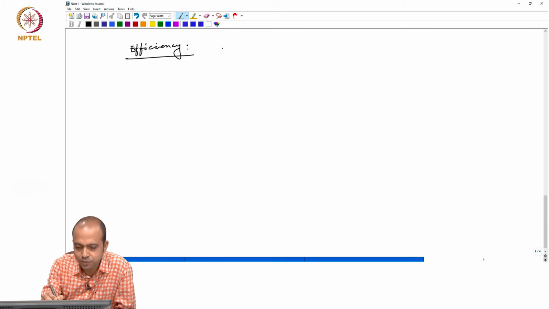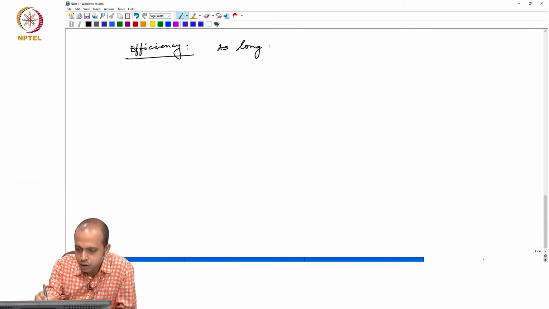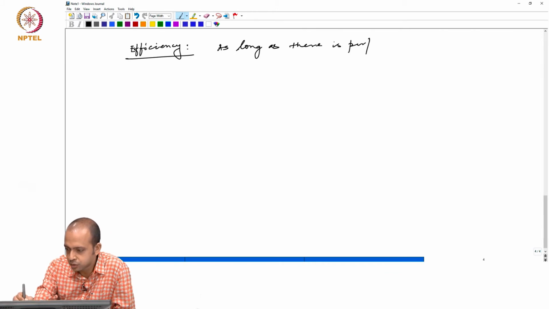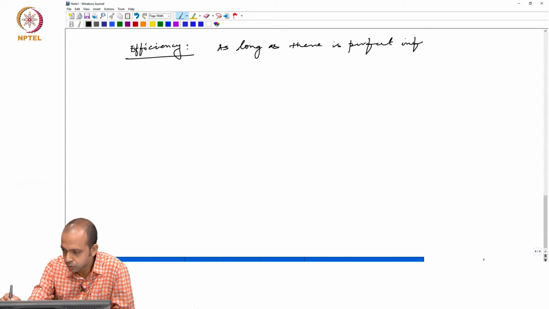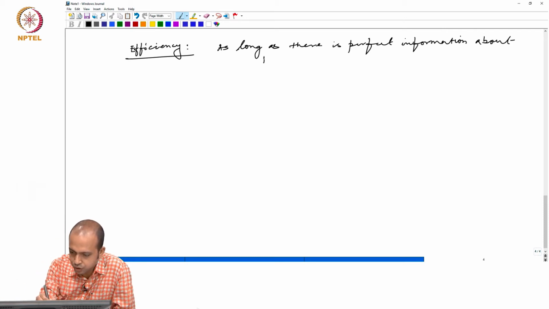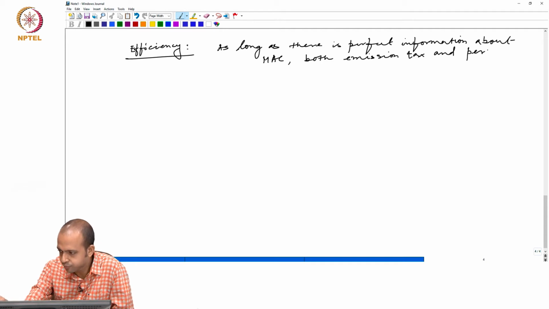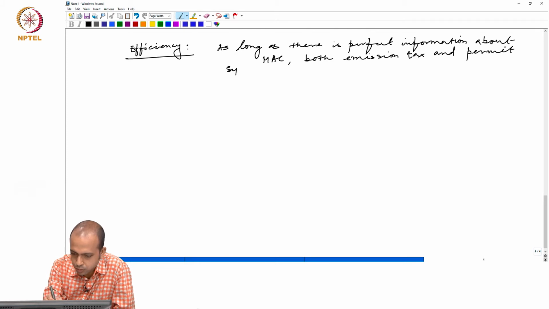So, efficiency, the economists say that as long as there is perfect information about marginal cost of abatement or marginal abatement costs, both emission tax and permit system are equally effective.